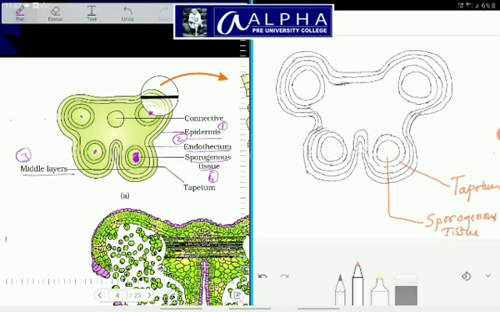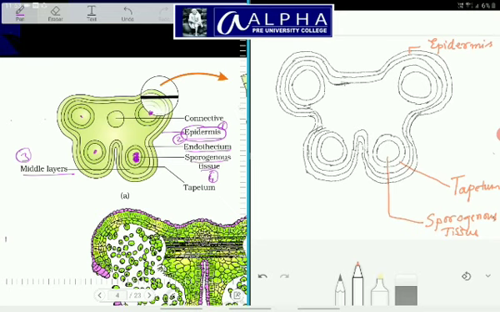I label them. The outermost layer, this one, is epidermis. So here I will show that in the textbook diagram, epidermis is marked here. Epidermis, and it is not that you have to label the diagram in the same sequence which is given in your textbook.